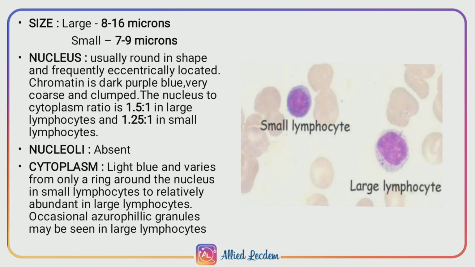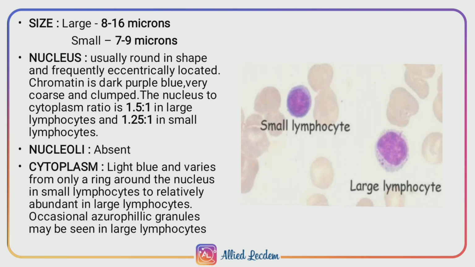The cytoplasm appears light blue, and as the blood picture shows, the cytoplasm varies for small lymphocyte and large lymphocyte. In small lymphocyte, it is present as a ring around the nucleus, and in large lymphocyte, it is relatively abundant.